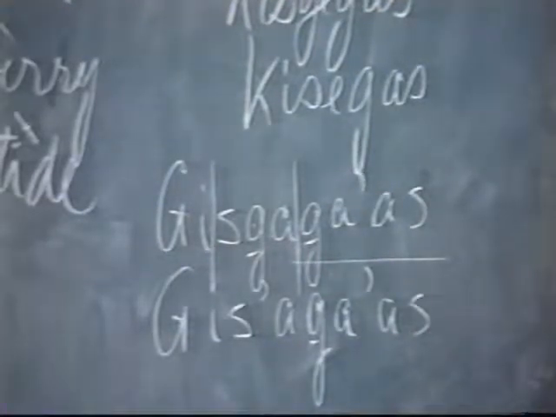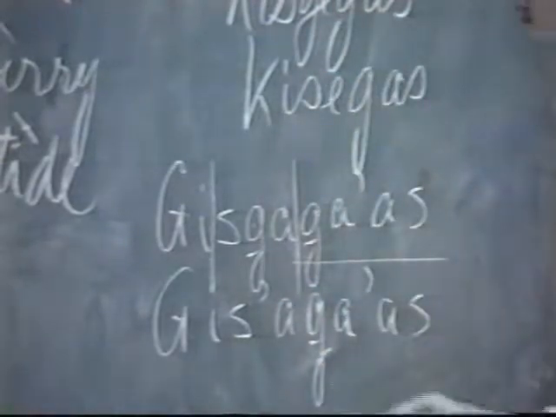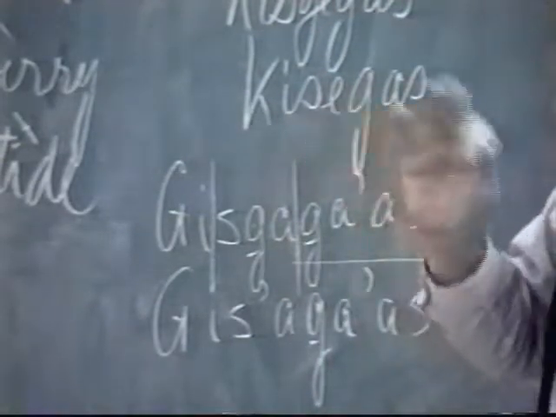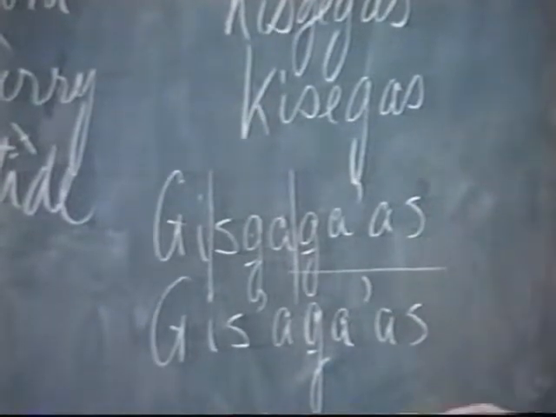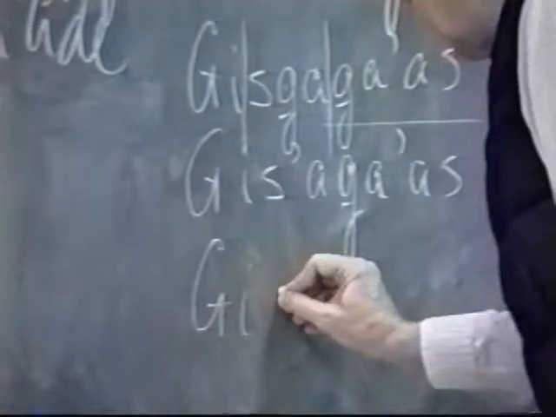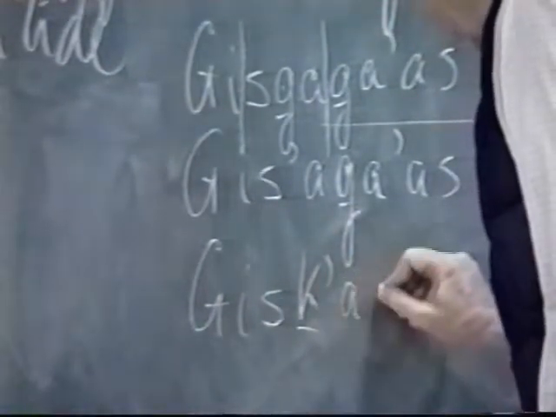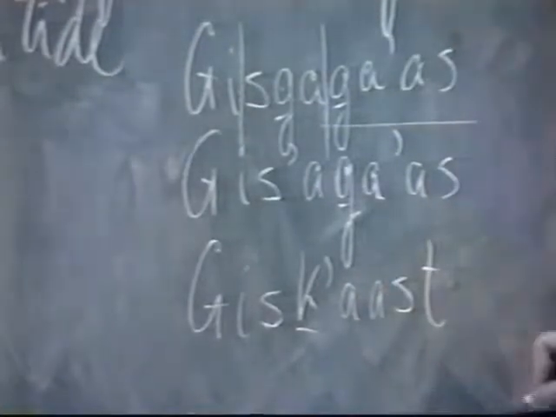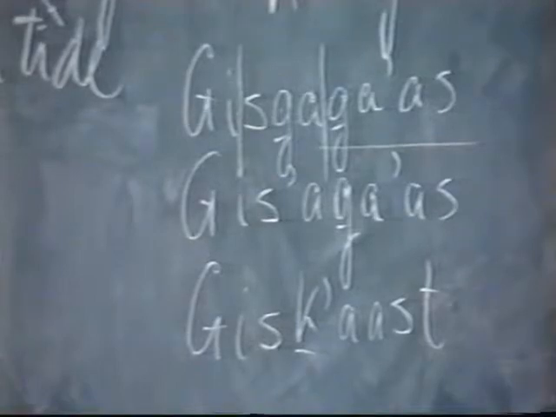And I'm doing just a bit, I'm talking about a bit more than compounding now, but trying to analyze place and people names because they're extremely important parts of the language. Most of you, well, everybody would know the form that's normally used for the fireweed clan or tribe, Gitksan.